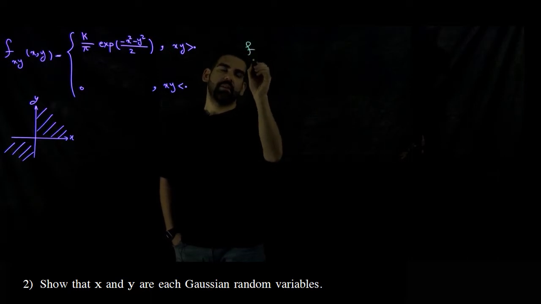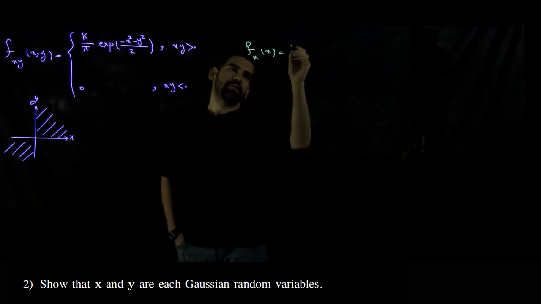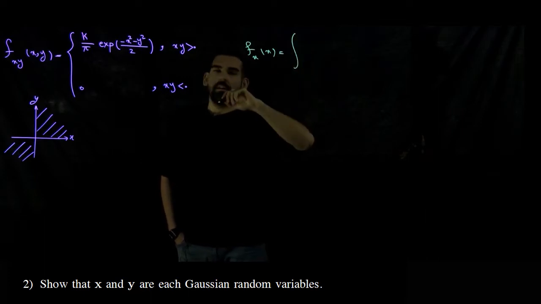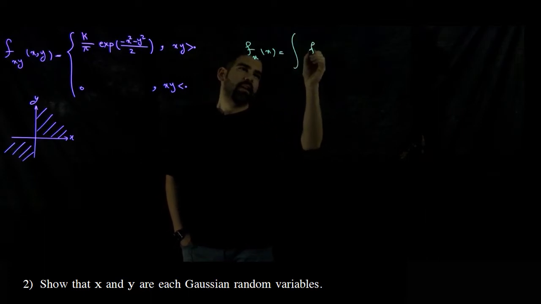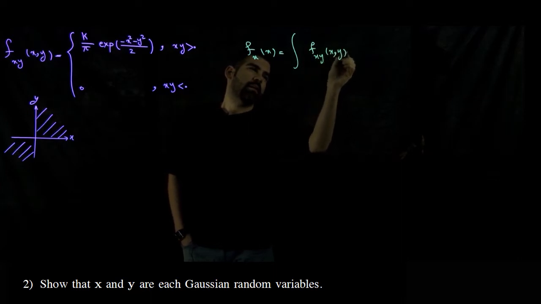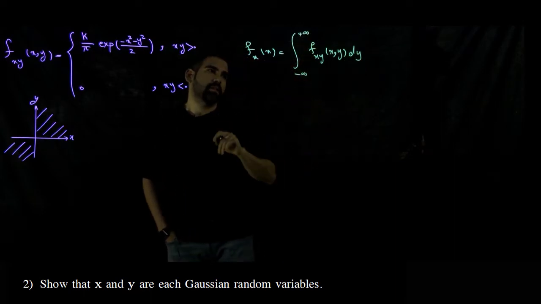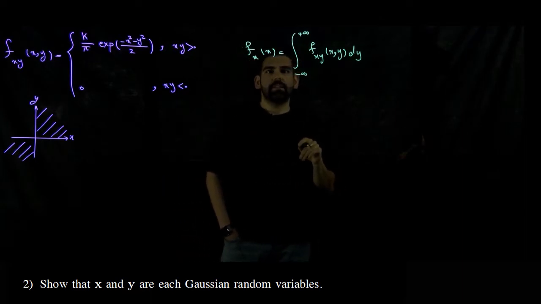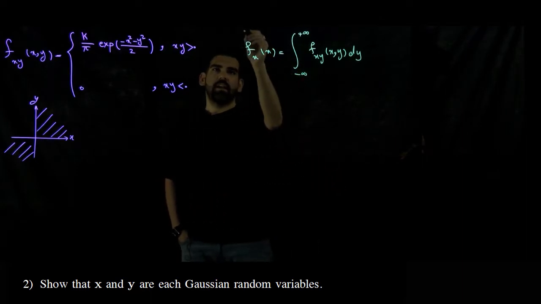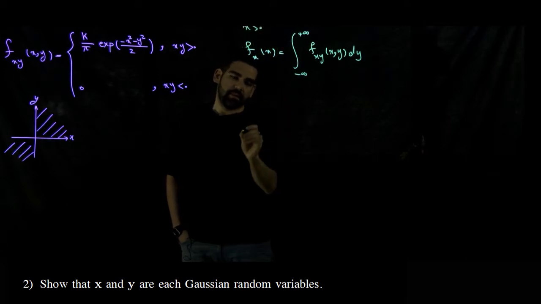We need to derive fx of x, and we know that this equals the integral of the joint PDF fxy dy over the whole axis. To calculate the integral, let's consider two different cases: x is positive and x is negative.